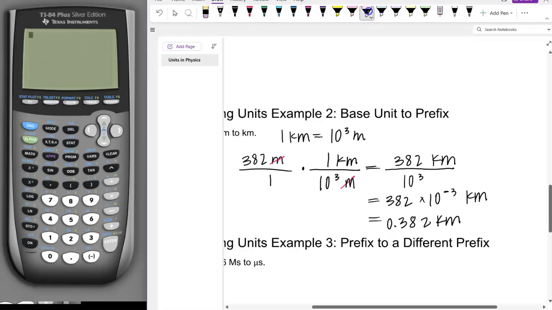But if you're not quite so savvy with your exponent rules, you can always use your calculator in physics. So what you would type in is the 382 divided by 10 to the power of 3 and press enter, and you'll get the same answer, 0.382. And remember to always keep those units on your final answer.